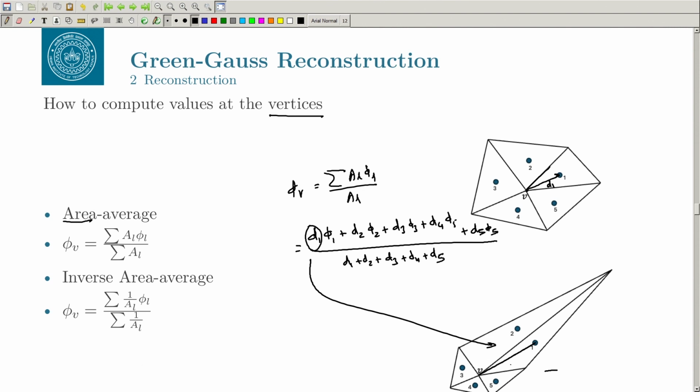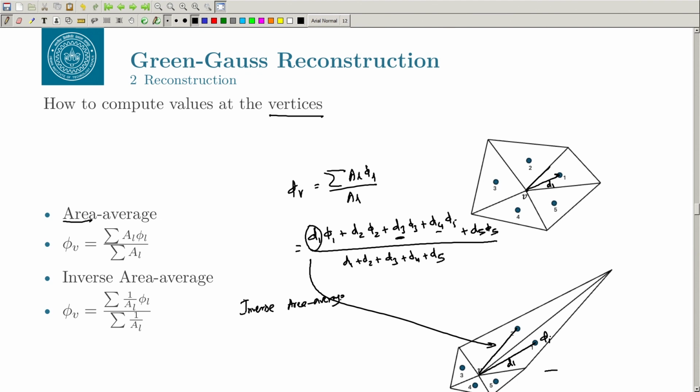So, you are giving more weightage to D1, which should have gotten less weightage. Similarly, D2 also you are doing the same, and the weightage of 3, 4 and 5 are going down because they are multiplied by the smaller distance value. So, in these cases you can use the inverse area average.